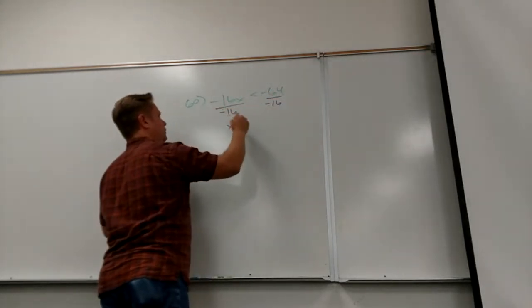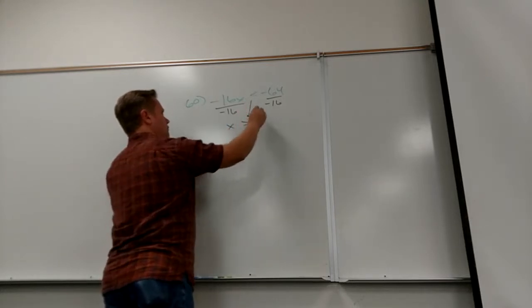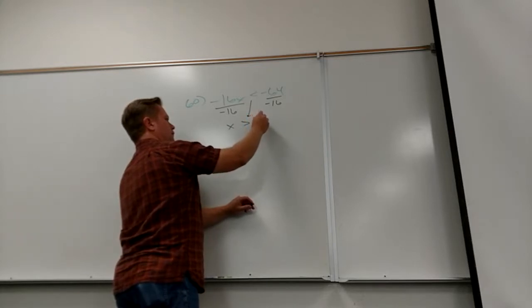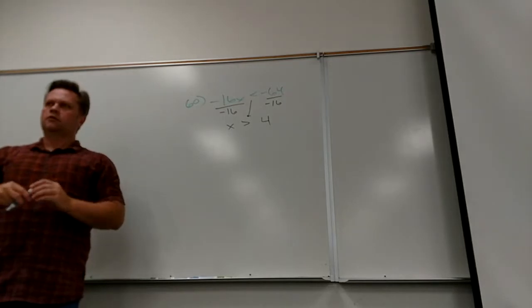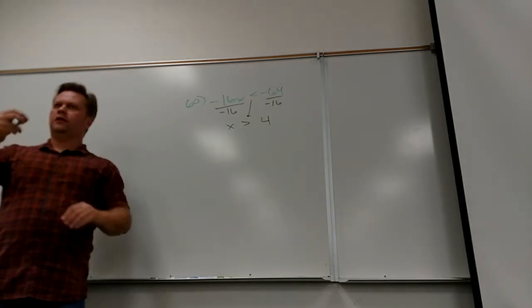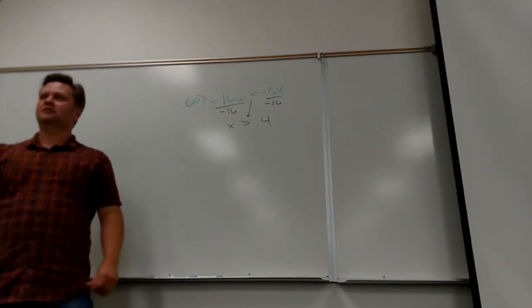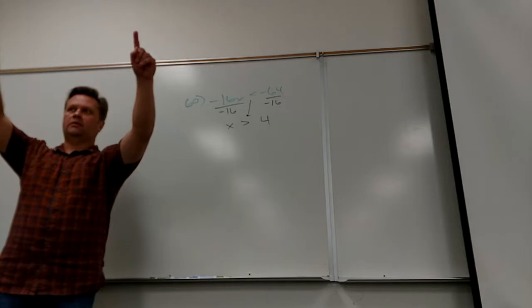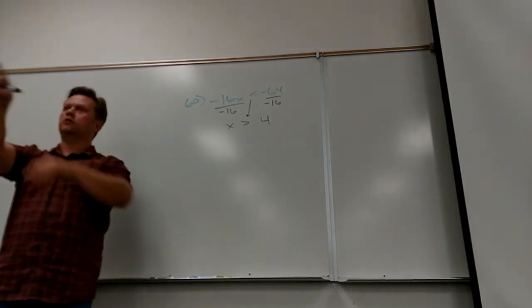Which means what? The sign flips. Good. And here I get x greater than 4. So you've got to remember that the sign has to flip, and we talked about why. Because we divided by a negative, that's how numbers work. When you multiply by a negative, you change the side of 0 you're on, so you change who's bigger and who's smaller.